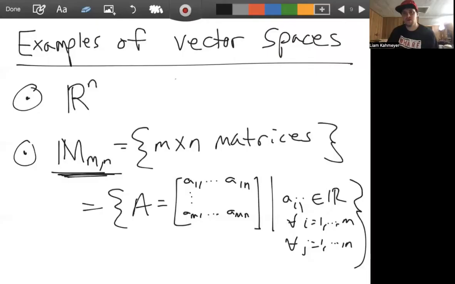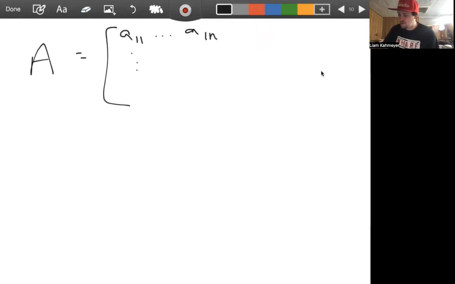And this space is not all that different from Euclidean space. Let's think about why, just for a moment. When you have an m by n matrix, so let's say A is what we've written, A11 through A1n, blah, blah, blah, through Am1 through Amn, each of these is an element of the reals.